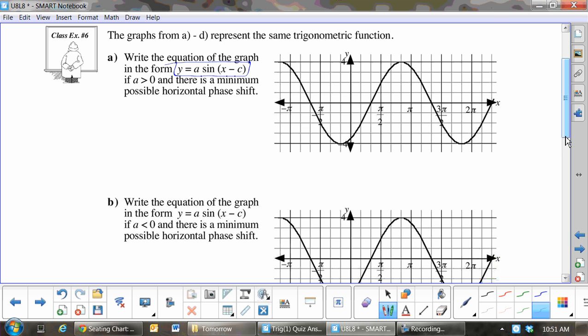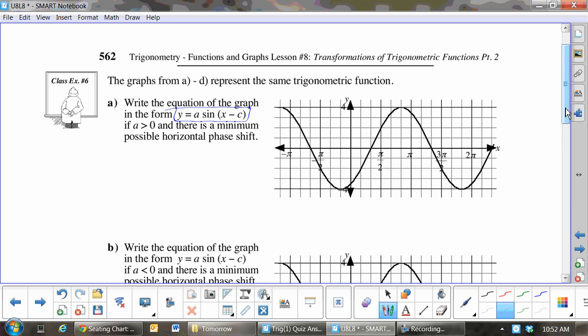Now, let's go with my patented steps. Number 1 is always draw original. In this case, we're doing y equals sine x.